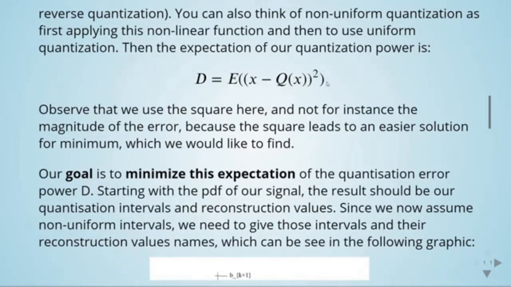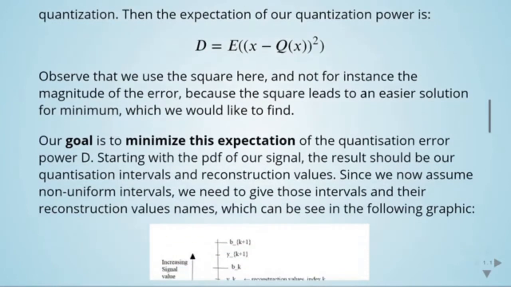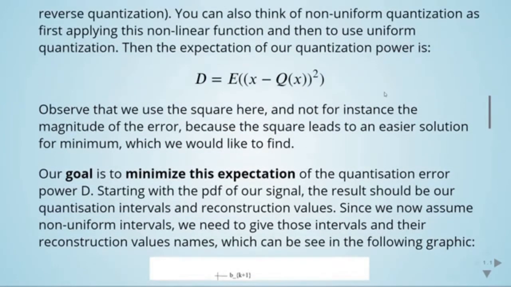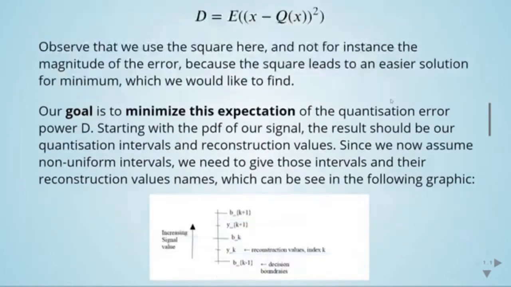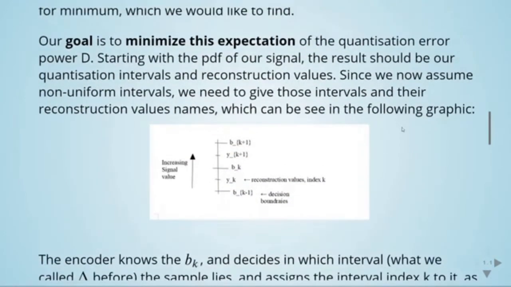So we will start with the PDF of our signal, and the result should be our quantization intervals and our reconstruction values. Now we have non-uniform intervals, so we need to give general names for reconstruction values and for the decision boundaries.